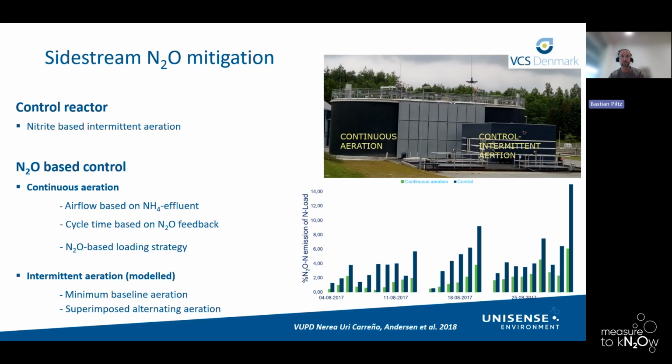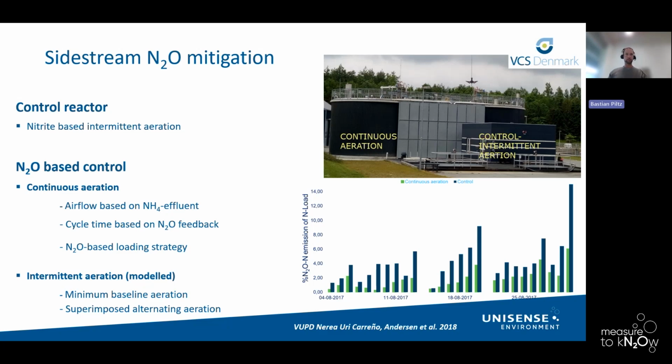One such study where optimization of a side stream reactor has been done is this one from VCS in Denmark. They've had two reactors, one control reactor, which was operated under the standard nitrite-based intermittent aeration, and then a nitrous oxide-based control.